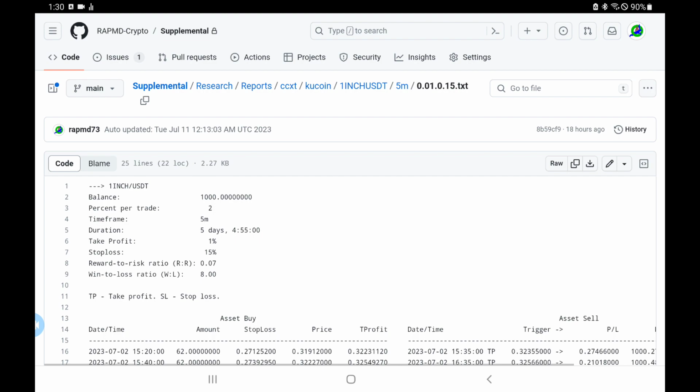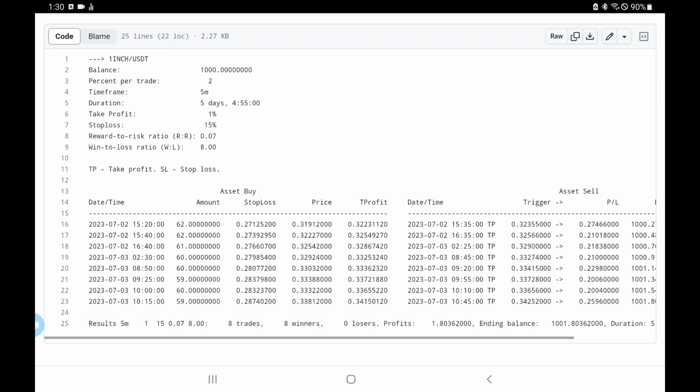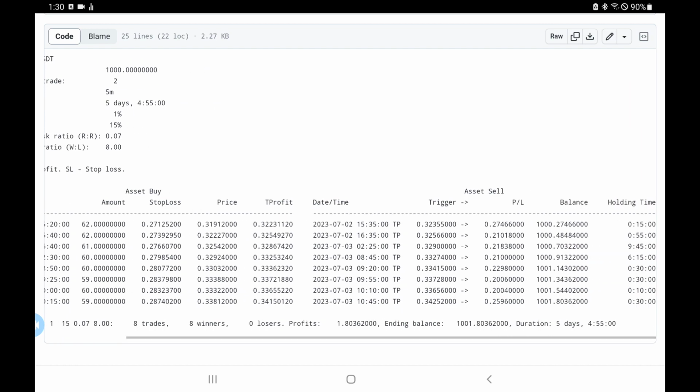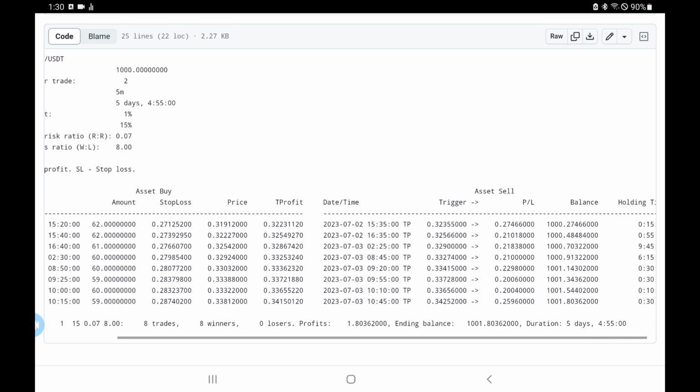Well, we have a reward to risk ratio of 0.07%. But our win to loss ratio is 8 to 1. So let's get right down to it. And we made money, $1.80. And it took us 5 days, 4 hours, and 55 minutes. So you can clearly see that every trade we placed in this time frame was profitable.